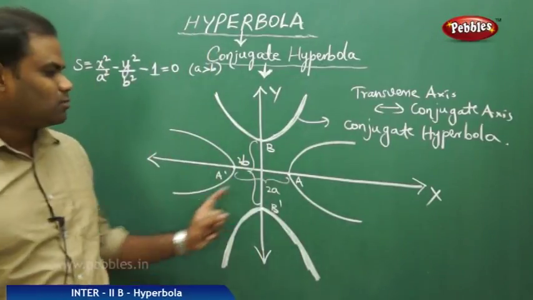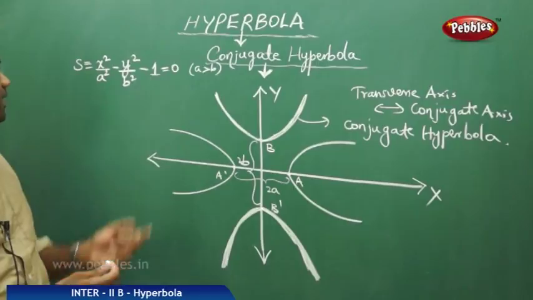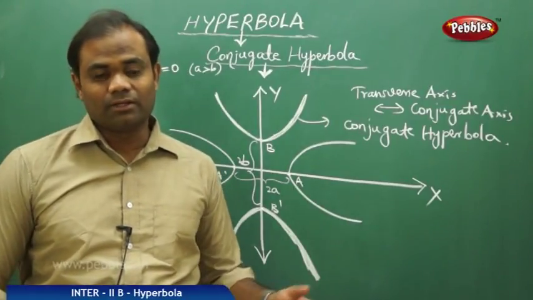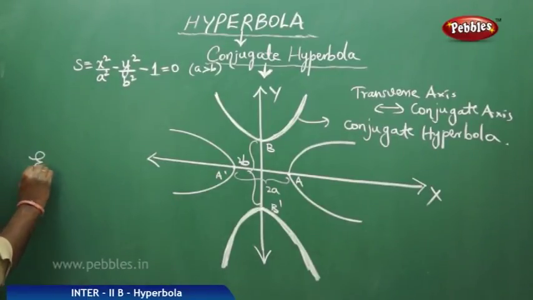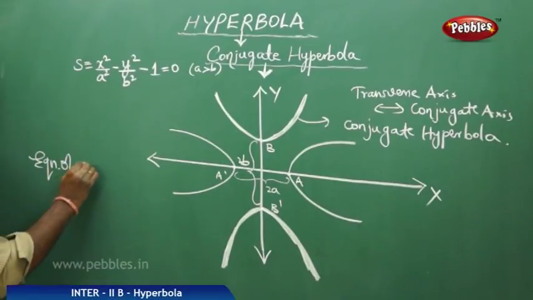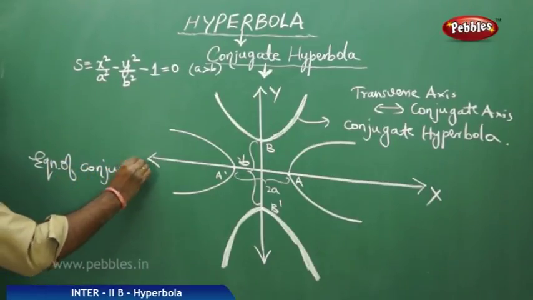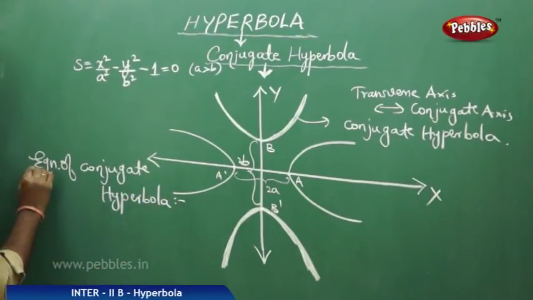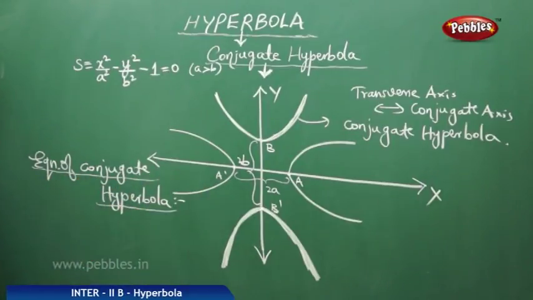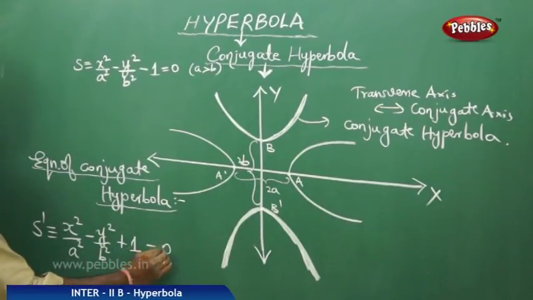Now, as we know, the equation of the original hyperbola is x squared by a squared minus y squared by b squared minus 1 equal to 0 with a greater than b, then the equation of the conjugate hyperbola is given by S dash equals x squared by a squared minus y squared by b squared plus 1 equal to 0.